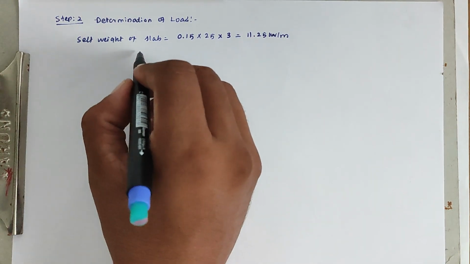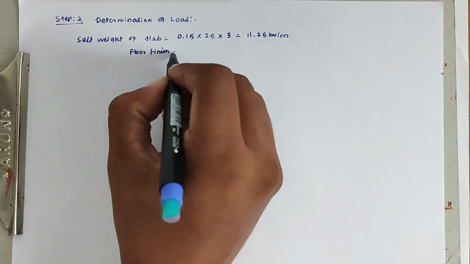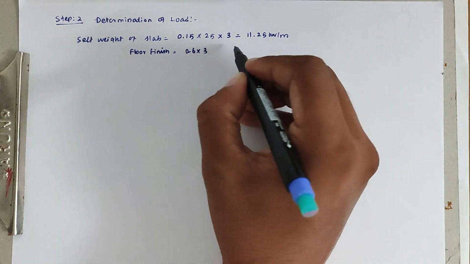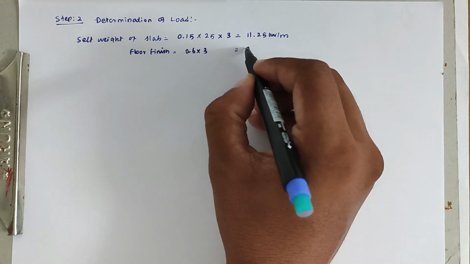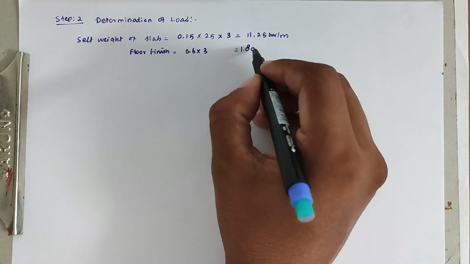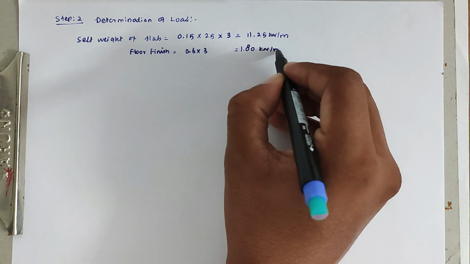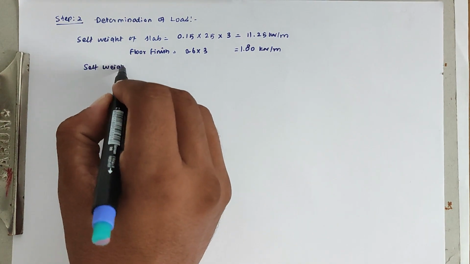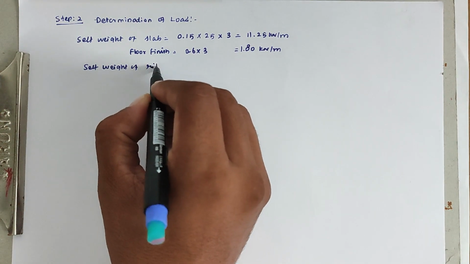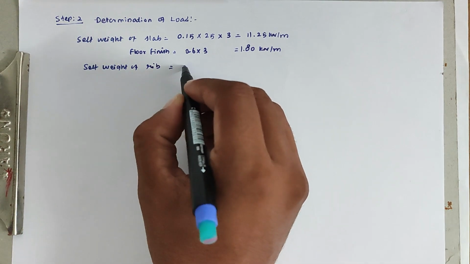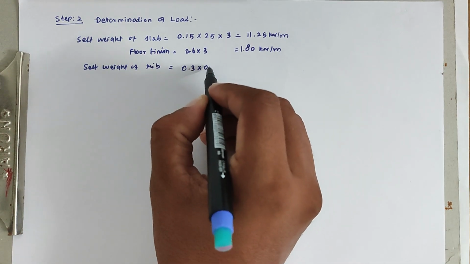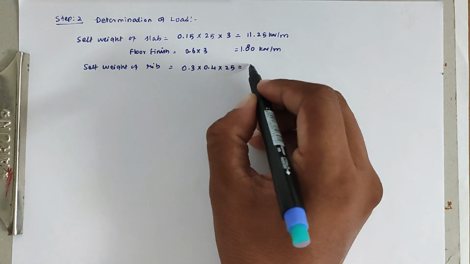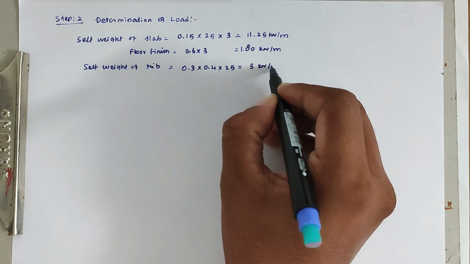Next is floor finish: 0.6 into 3 meter, which is 1.80 kilonewton per meter. Next is self weight of rib: 0.3 into 0.4 into 25, which is 3 kilonewton per meter.